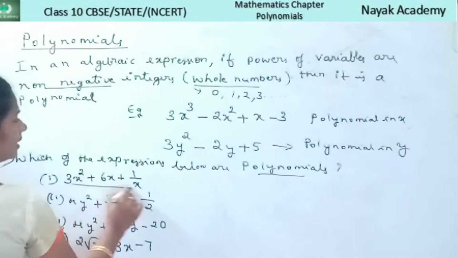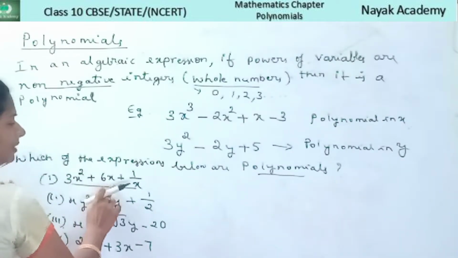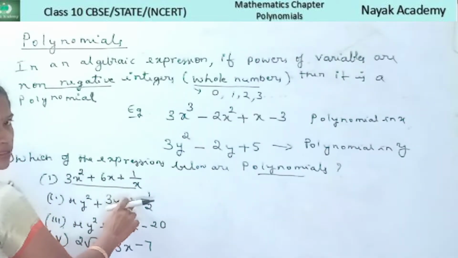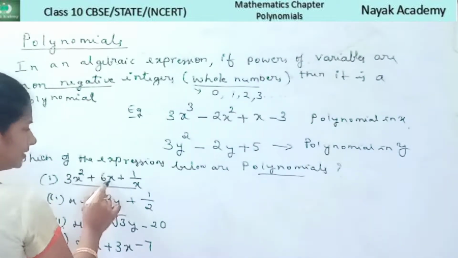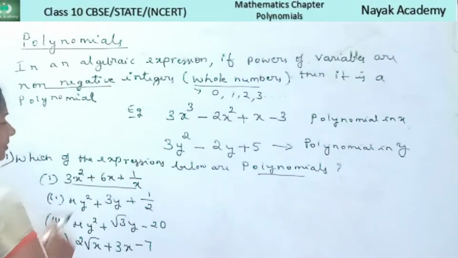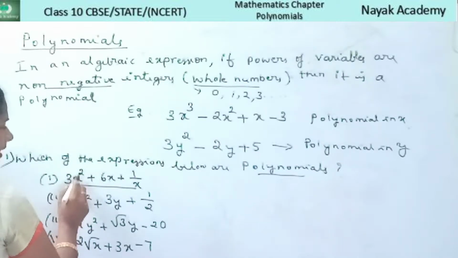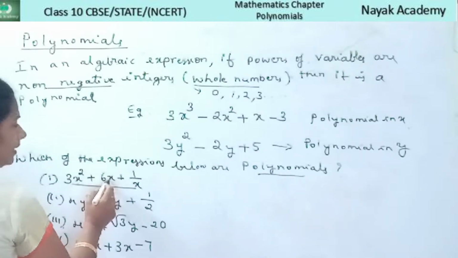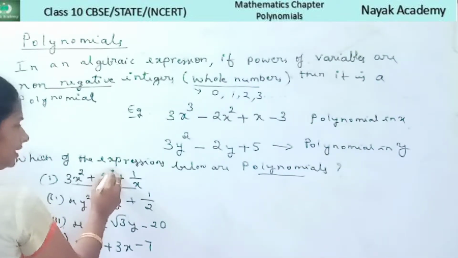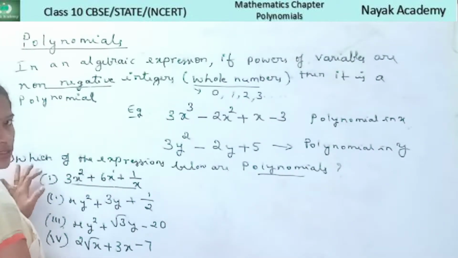Now see the first expression, 3x square plus 6x plus 1 by x. This expression has 3 terms: 3x square, 6x, and 1 by x. Now see the variable is x, power of the variable is 2. It is a whole number. Then 6x, power of the variable is here 1, so this is also a whole number.